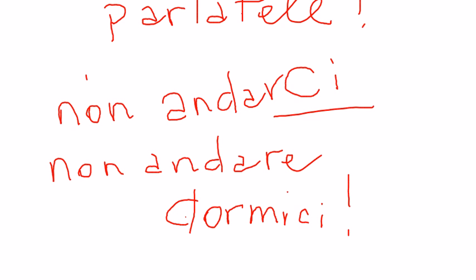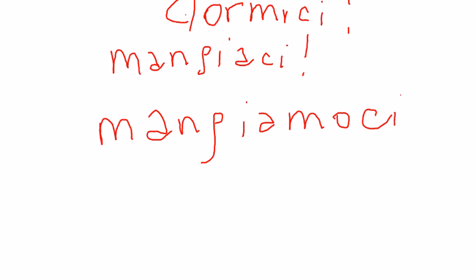I would love to go and eat at the new McDonald's, and I would just answer, well, mangiaci. What are you waiting for? Okay? Eat there. Of course, I can use the noi or the voi. Let's eat there. I would just say, mangiamoci. Okay? And so on and so forth.